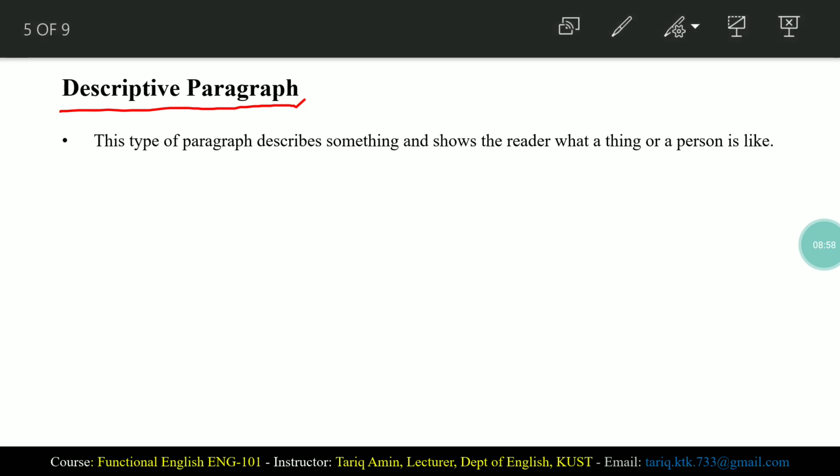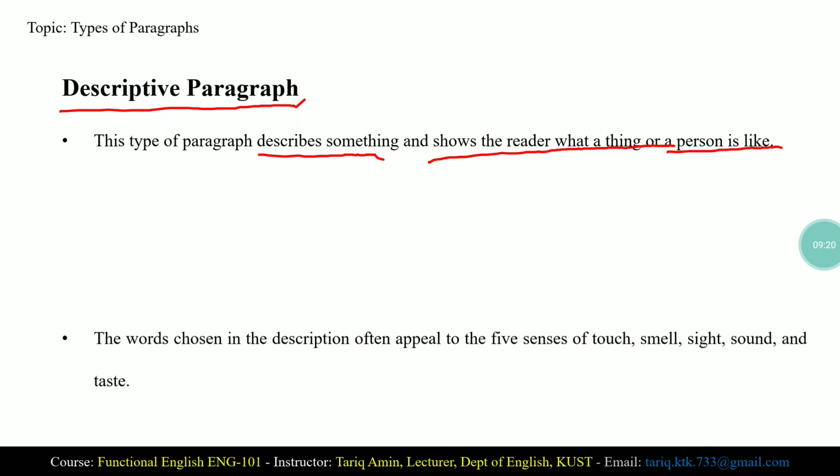They describe things. This type of paragraph describes things and shows the reader what a thing or a person is like. So it is very clear that descriptive paragraphs describe something and show the reader what a thing or a person is like.